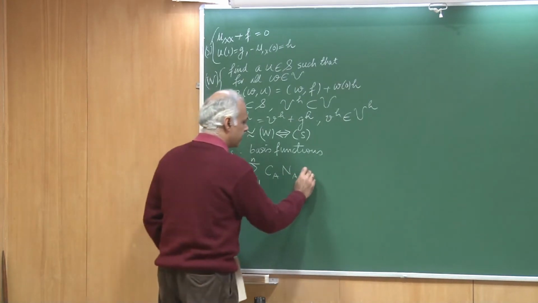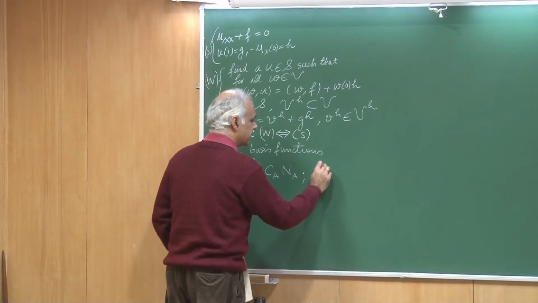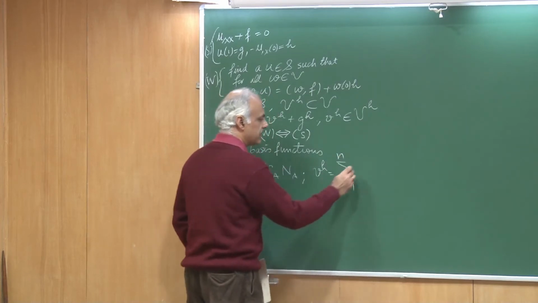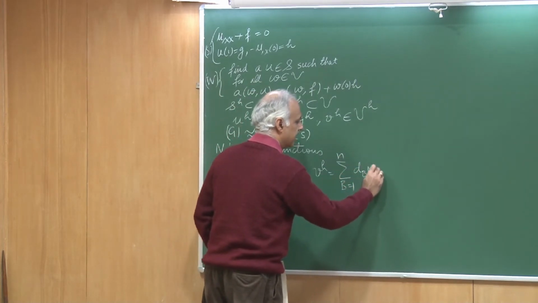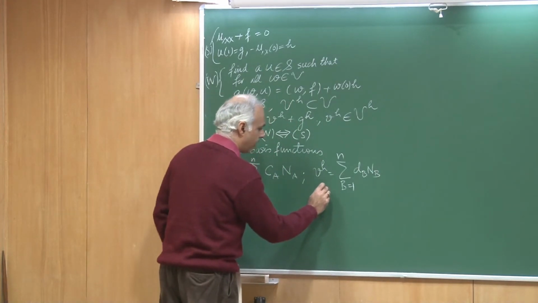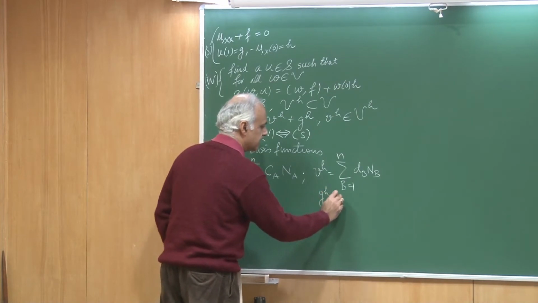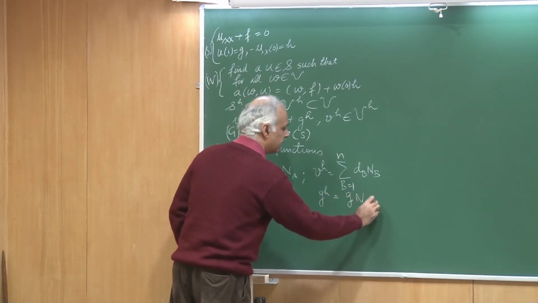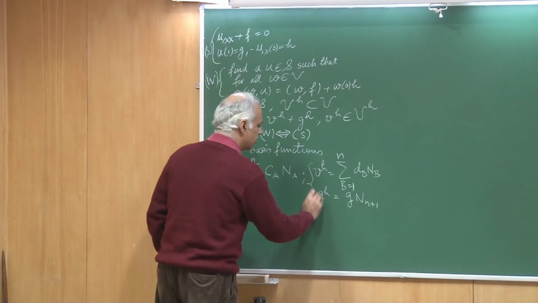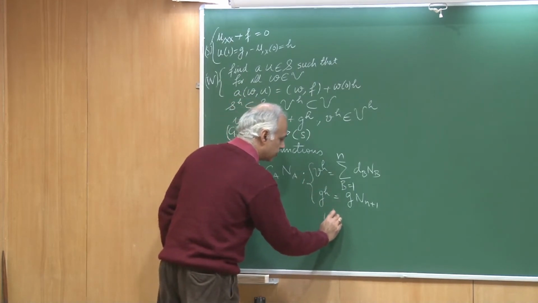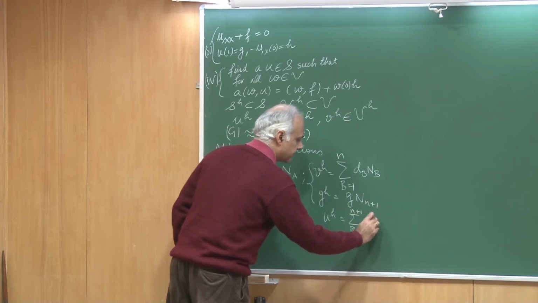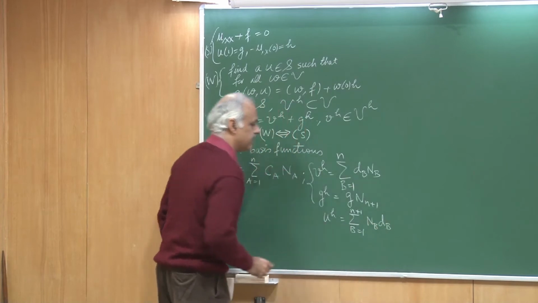And likewise, we were able to say that my v^h is the summation over B from 1 through n of d_B N_B. And then I made another observation that let g^h be given as g times N_{n+1}. So, I introduced another basis function N_{n+1}, and using these two I was able to write that my u^h is the summation over B going from 1 to n plus 1 of N_B d_B.